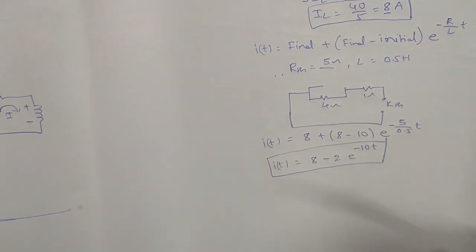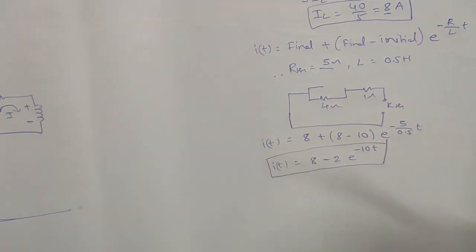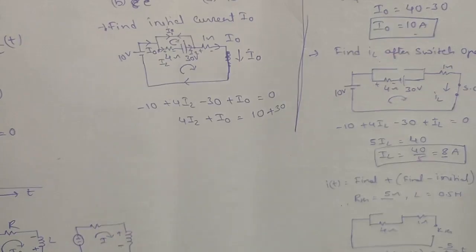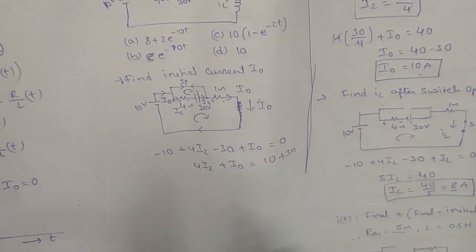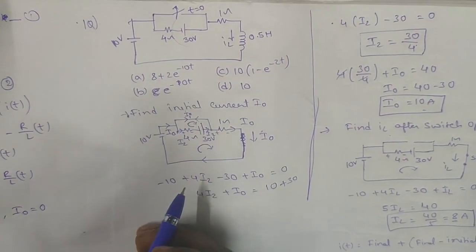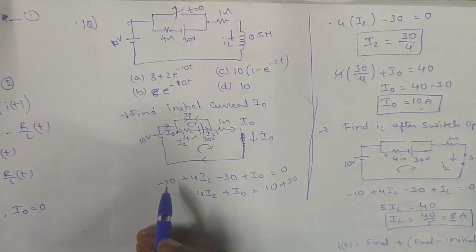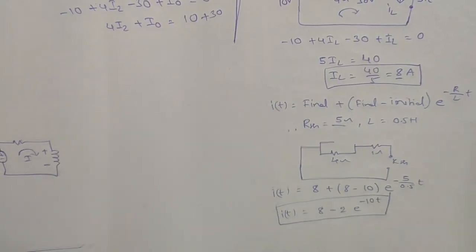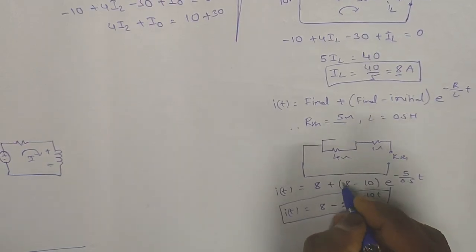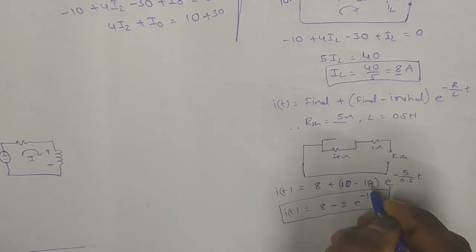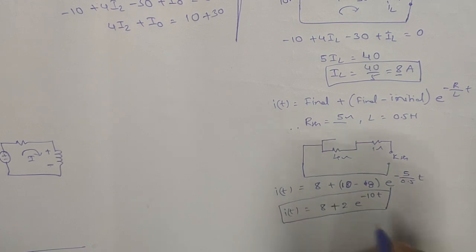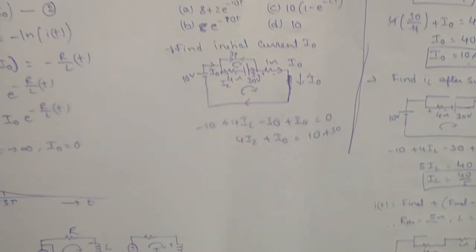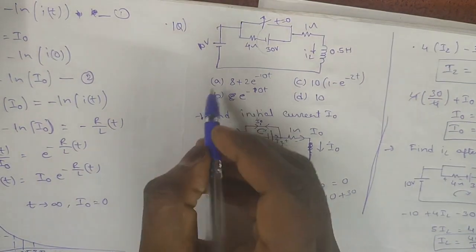Now our answer is here from the question. Sorry, it is not final. Here it will be the initial and here is the final. So the value will be plus. So the answer is A.